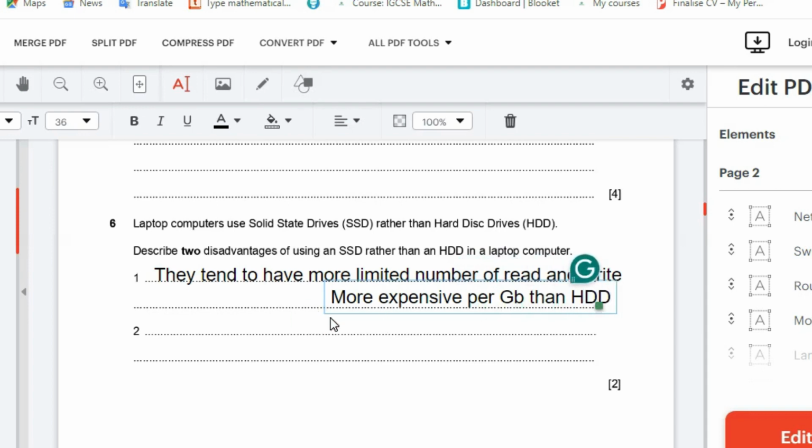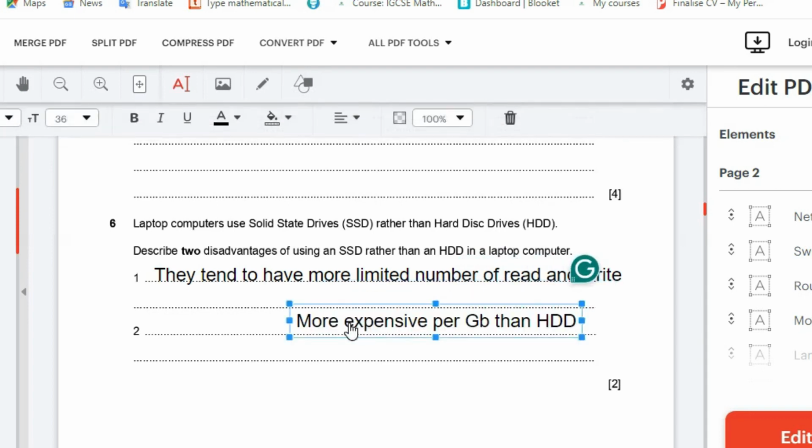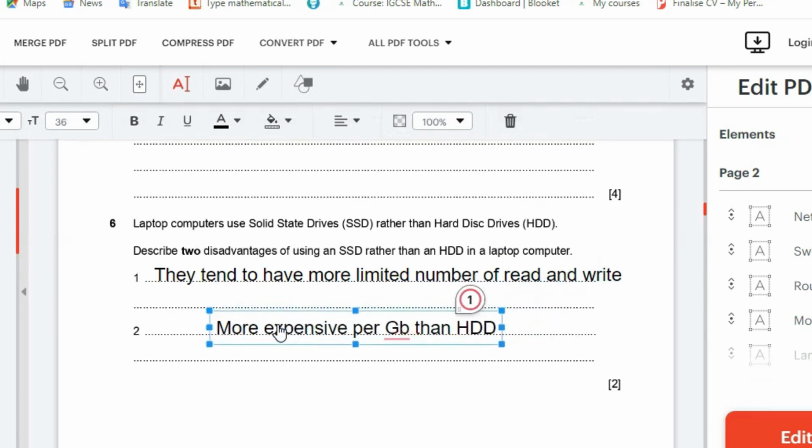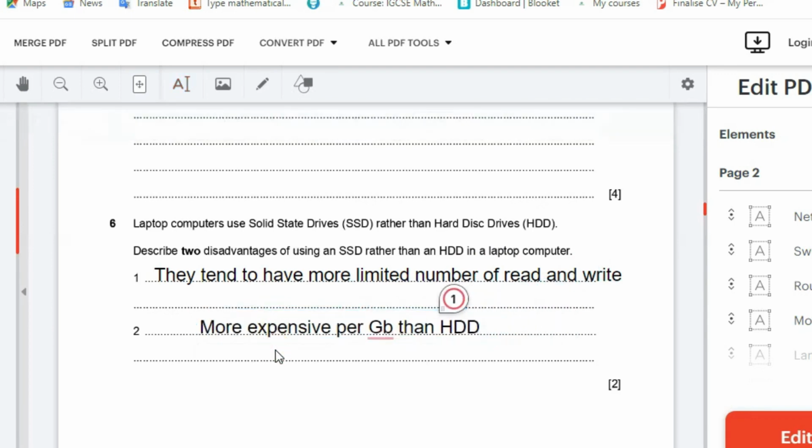So that means to buy them, they are more costly, more expensive than HDD. That's the answer to that.